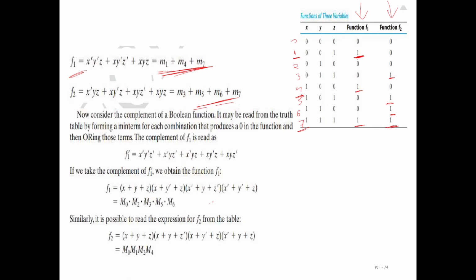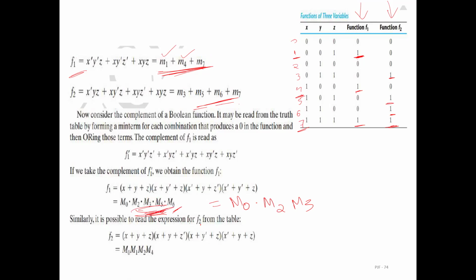So if you want to write it in terms of maxterms or POS form, M0 is missing, M1 is present here, M2 is missing, M3 is missing, M4 is present, 5 is missing, 6 is missing, and 7 is present. So this is the POS representation for the same function F1.